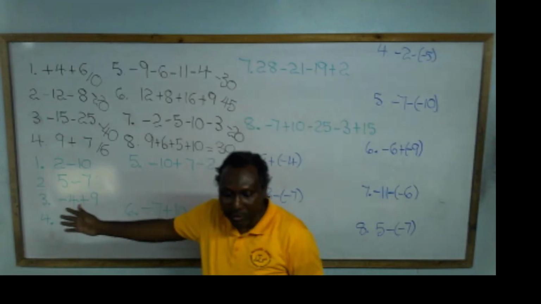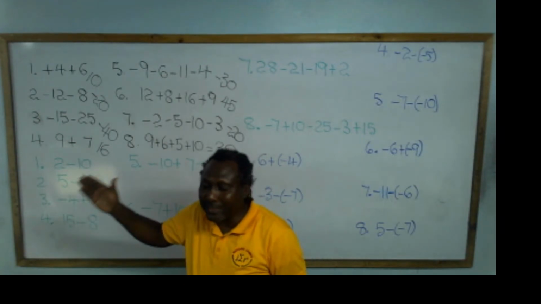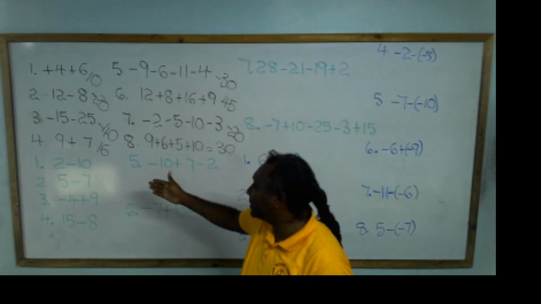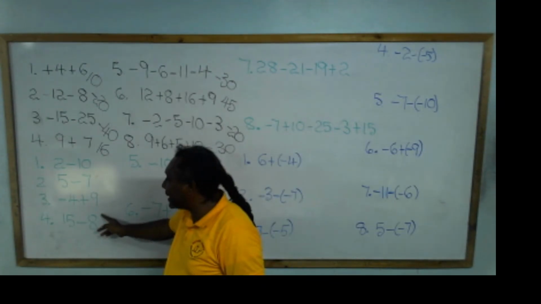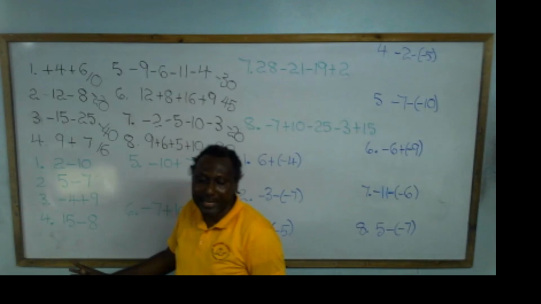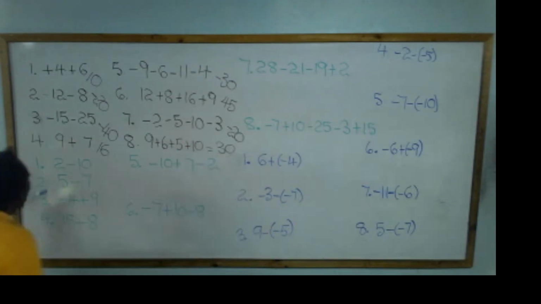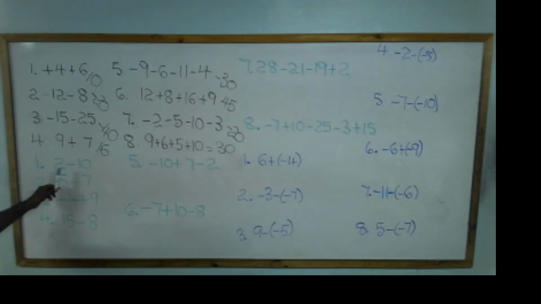In the first, what do we notice? We notice that in every single case in this part of the exercise, the numbers are of different sign. Surely, we have a 2 here and a negative 10. And of course, the 2 has to be a positive 2, and this is a negative 10. That causes the 2 numbers to be of different sign. Then we have 5 with negative 7. Again, the numbers are of different signs because the 5 is positive and the 7 is negative.